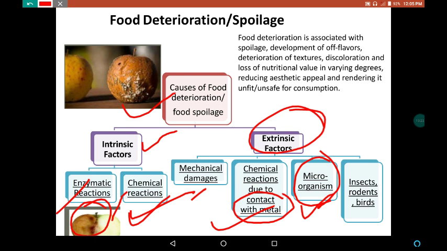You can see there may be a hole on brinjal, most of the time in brinjal or in cucumber. So it indicates there is a larva of some insect. So it is clear why food is deteriorated.